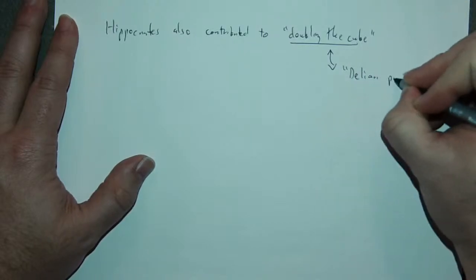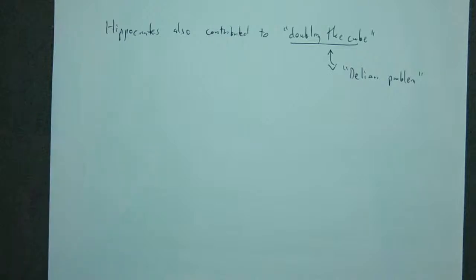The reason it's known as the Delian problem is supposedly this issue of doubling the cube was brought to the oracle at Delos. Basically, the doubling the cube problem was originally supposedly framed as the oracle posing it to the Athenians.